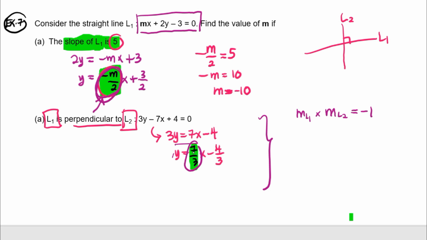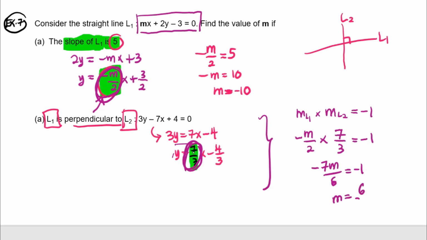M of L1, which is negative m over 2, you multiply with m of L2, which is 7 over 3. This is equal to negative 1. Simplify this one, you get negative 7m over 6, which is equal to negative 1. Therefore m is positive 6 over 7. So you are done with this one.